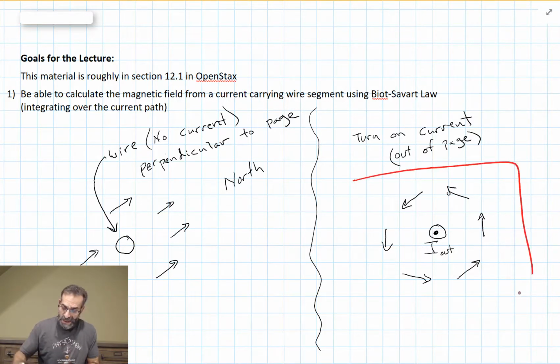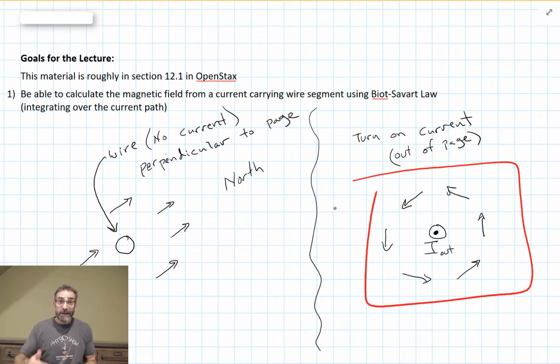So in this case here, my wire is coming out of the page and the current is coming out of the page. I put my thumb in the direction of the current along the wire. I know already that the magnetic field has to form a circle around the wire. I just don't know whether it's clockwise or counterclockwise. Which direction does the magnetic field point?